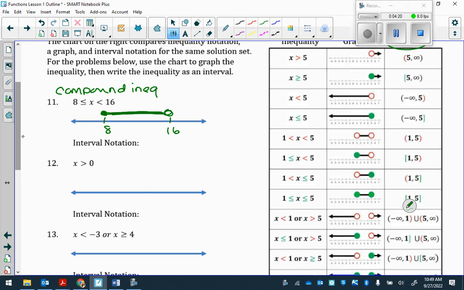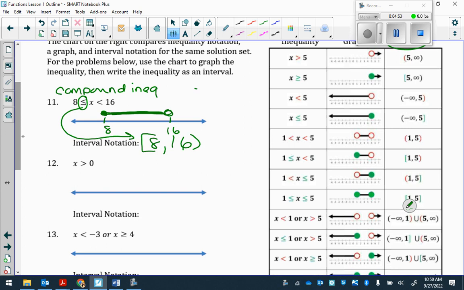So all the values, including 8 through 16, would be included in this graph. So how we write it in interval notation, if there's an equal to, less than or equal to, you're going to have a bracket. 8, comma, 16. Since there's no equal to, you will have a parenthesis.